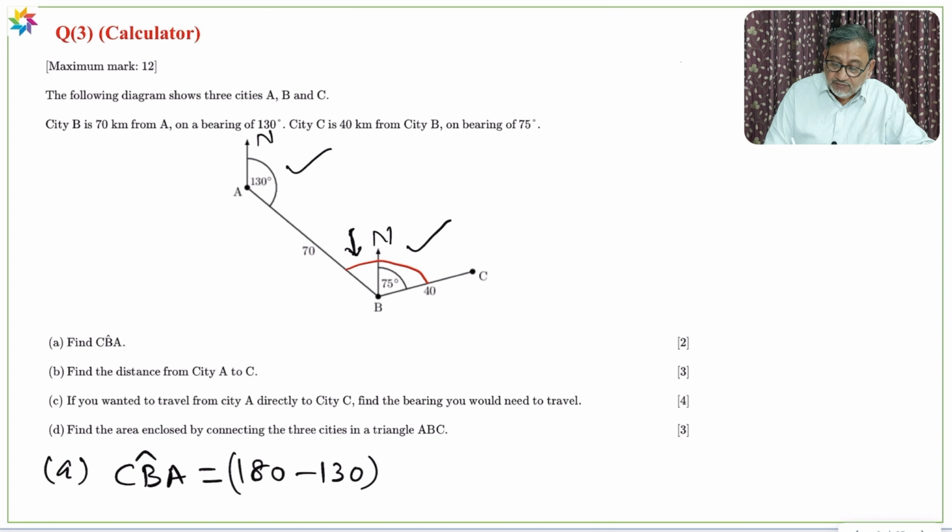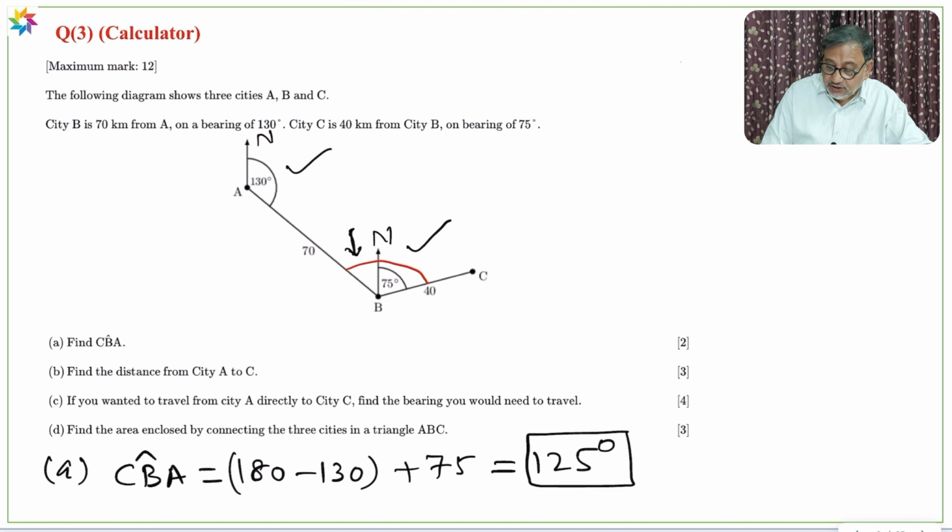This is that angle and we have to add 75. So all of it will make 180 minus 130 plus 75. So I get 125. Everything is in degrees, so I will write it in degrees. So we got that angle.